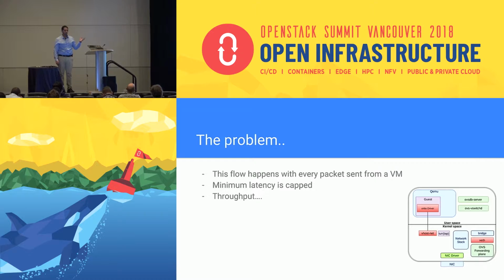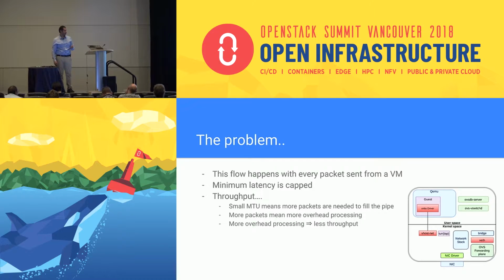There's also a problem with throughput, because if you use a small MTU for your packets, you have to generate more and more packets to fill the pipe. But more packets mean more overhead processing, which means more CPU cycles, and your CPU can only provide a limited set of cycles. So at the end of the day, you will reach a certain limit when it comes to throughput as well.